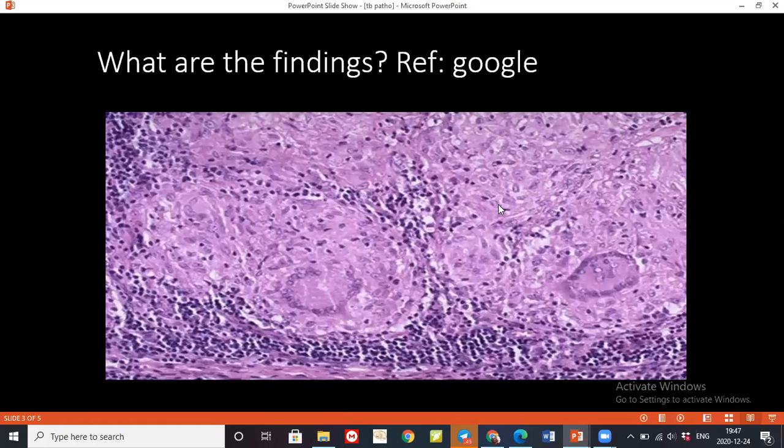Can you help me describe this? Can you explain in a few words whatever you are looking at? Which stain is this? Please, which stain is it? And what are you looking at? Can you explain?